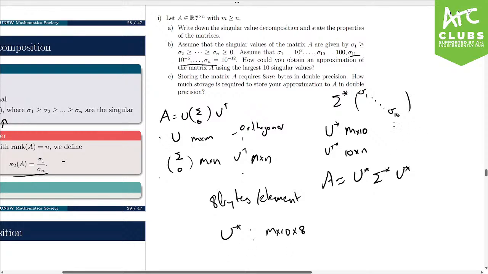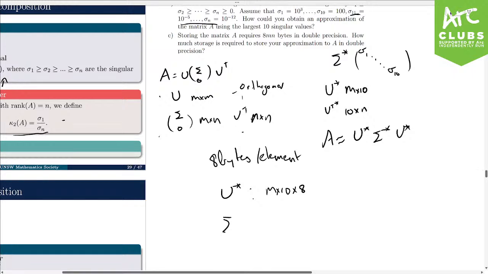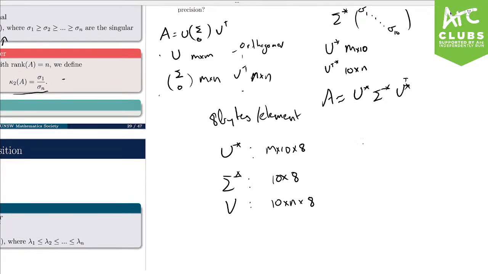To store sigma, we actually just need to store the singular values here. So this will be 10 times 8 bytes. And then to store V, it should be V transpose here. It will be 10 times n times 8 bytes. So in total, we need 80(m + n + 1) bytes.